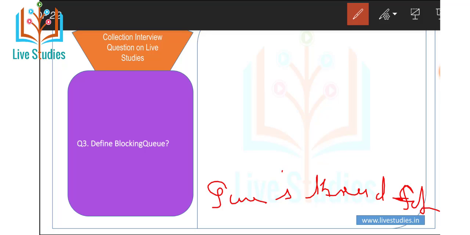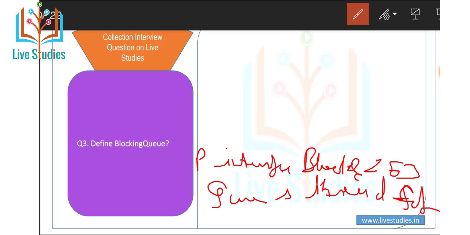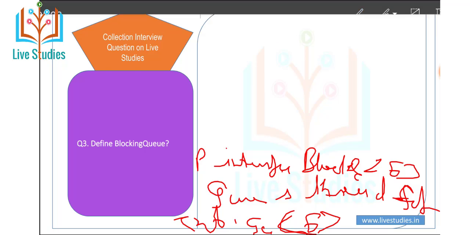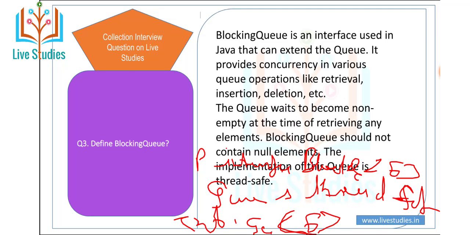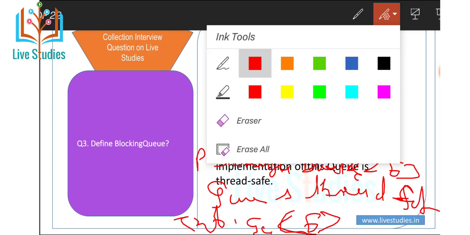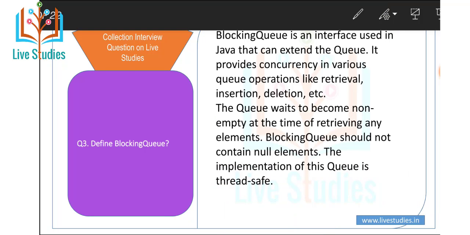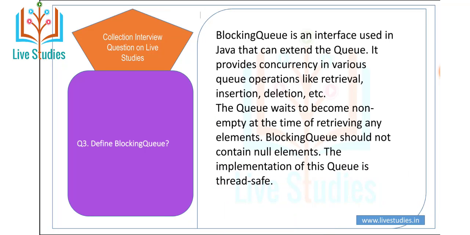Also, the blocking queue syntax is like: public interface BlockingQueue extends Queue. The extends keyword, then Queue.